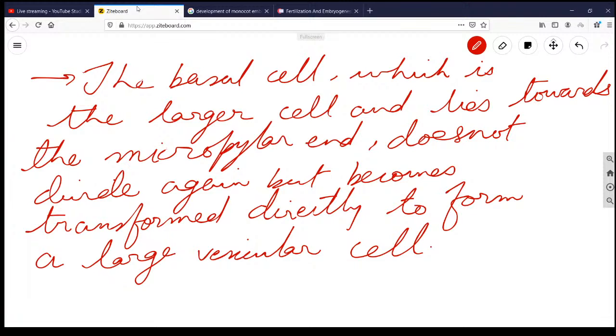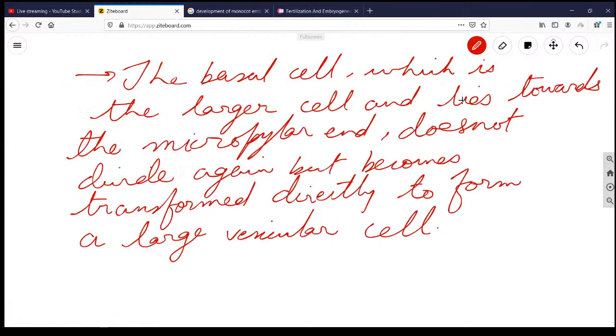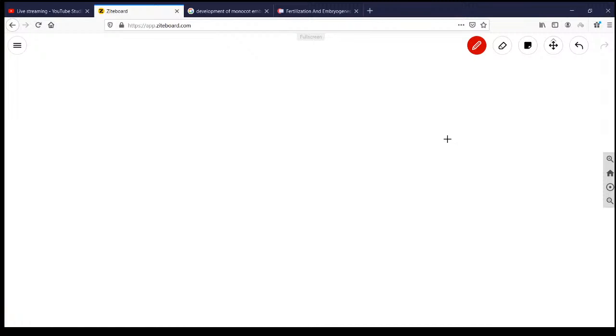If you look at the embryogenesis of both, the main difference is that the monocot contains a single cotyledon in the end, whereas the dicot contains two cotyledons. One more thing: I'll just write down a few points about the basal cell in the dicot embryo. Dicot.